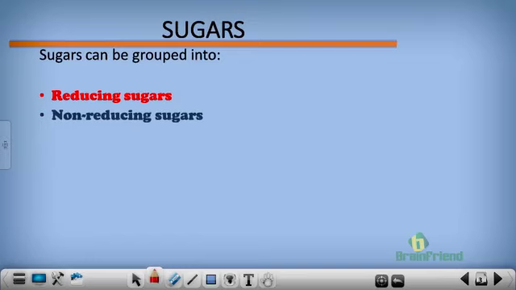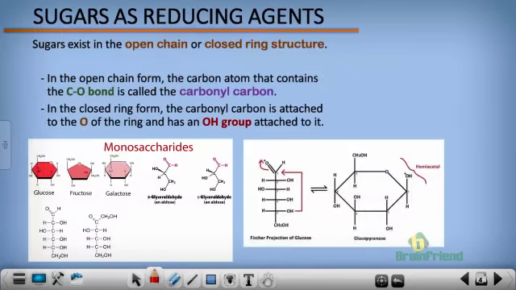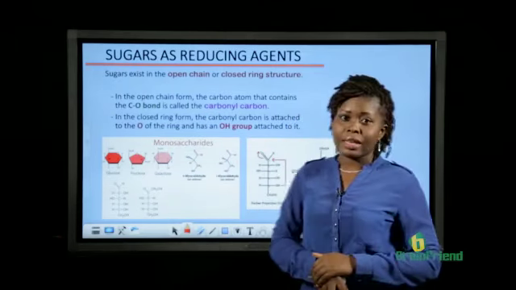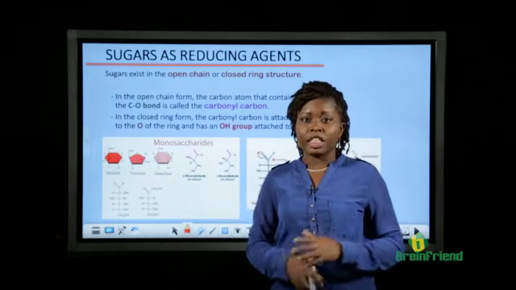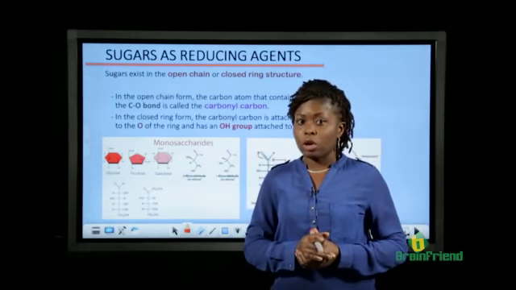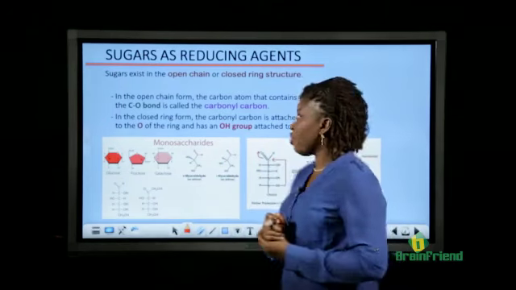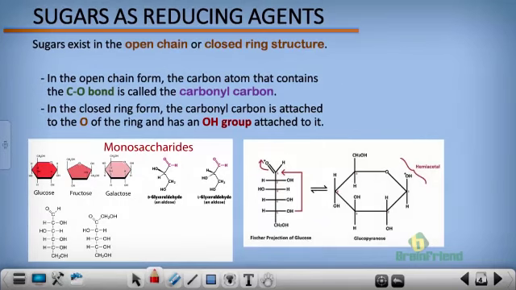Now, sugars can be grouped into reducing sugars and non-reducing sugars. Before we go into what reducing and non-reducing sugars are, it's important for us to know that sugars exist either in the open ring structure or in a cyclic ring form or closed ring structure.